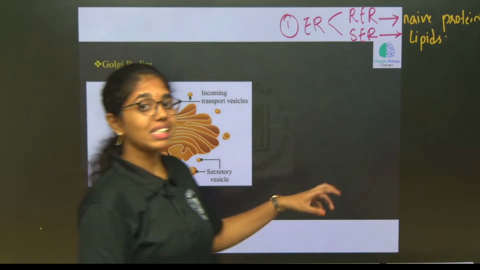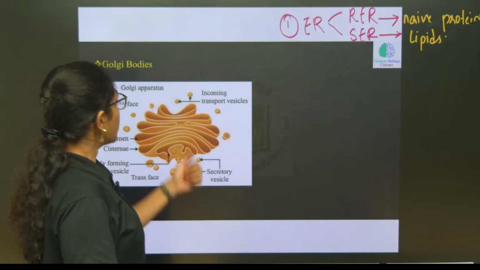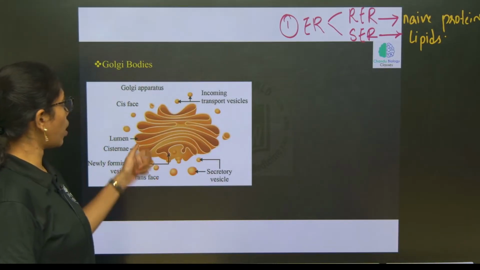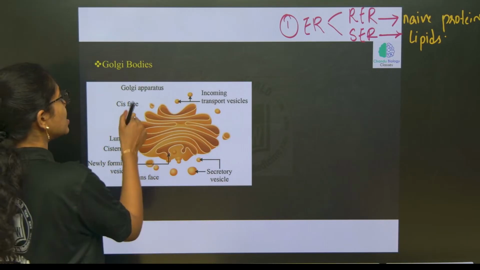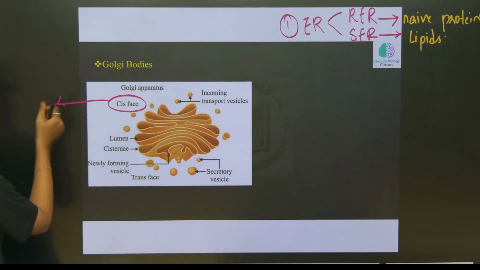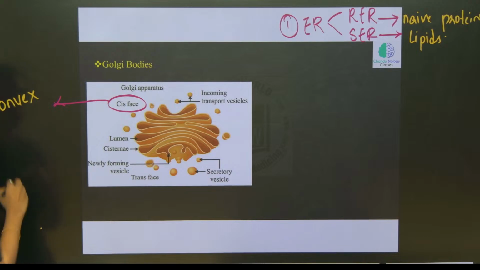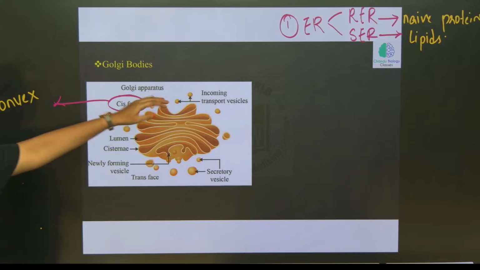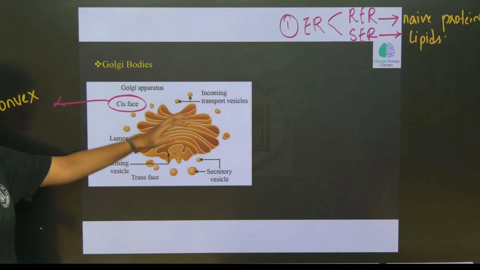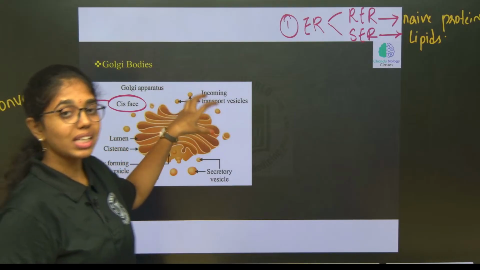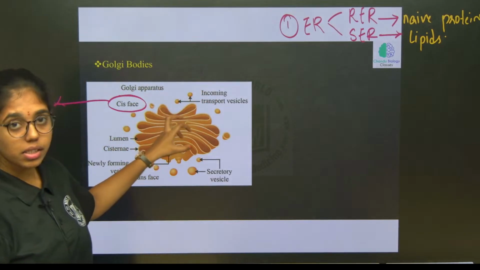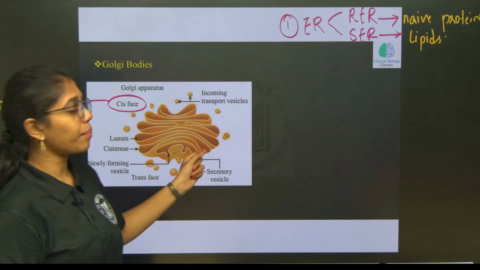These naive proteins and lipids are accepted by the cis phase or convex phase of Golgi bodies, and the proteins get packed inside the cisternae, which are lamellar structures.